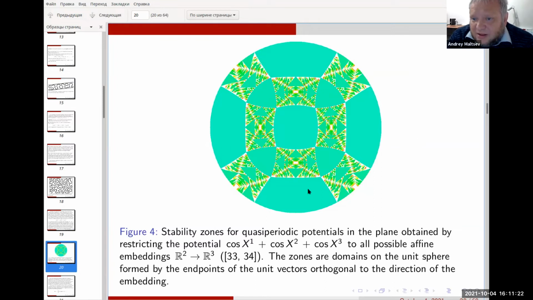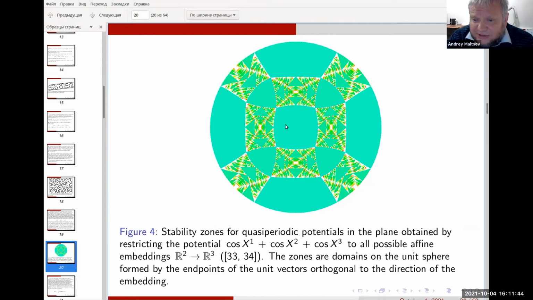So here, the green areas, they show us the stability zones. In every stability zone, we have regular potentials which have regular level lines. Every stability zone is characterized by its own set of integer numbers, m1, m2, m3.